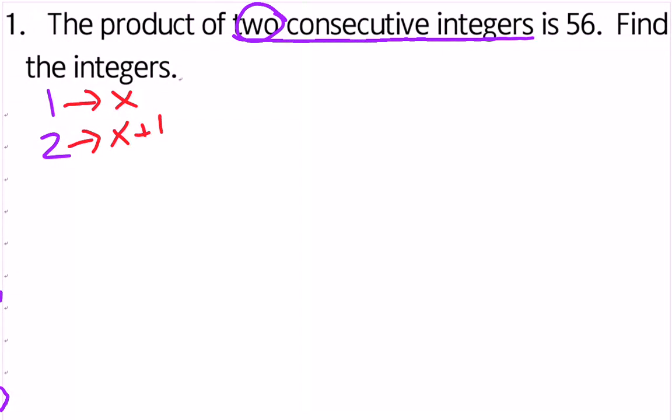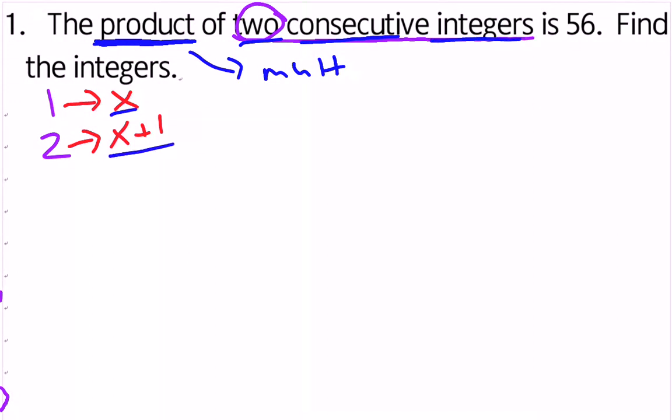Now I go back to my problem, I reread it, and now I'm going to translate words to algebra. So when it says the product, that means I'm going to do something with multiplication, right? So I'm keeping that in my head. What am I multiplying? Two consecutive integers. What are my two consecutive integers?